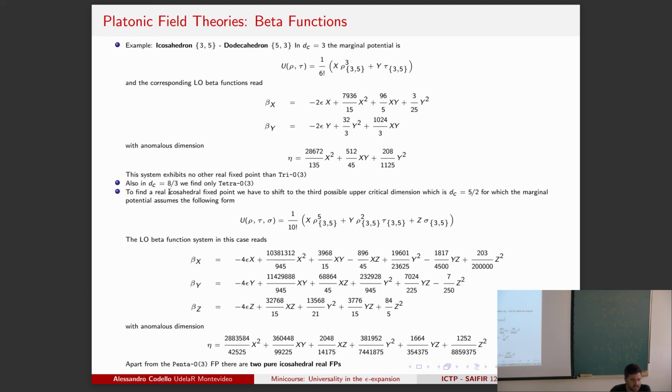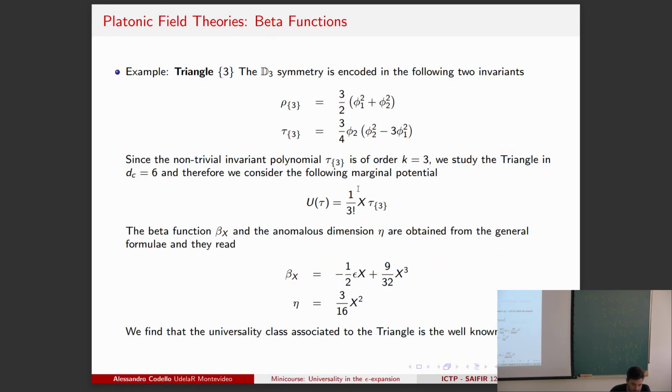This happens also in the 6-dimensional case, where we could construct a theory using only rho and tau. But we know that icosahedral symmetry is fully expressed only when we also have the third invariant, which we call sigma here, I think.